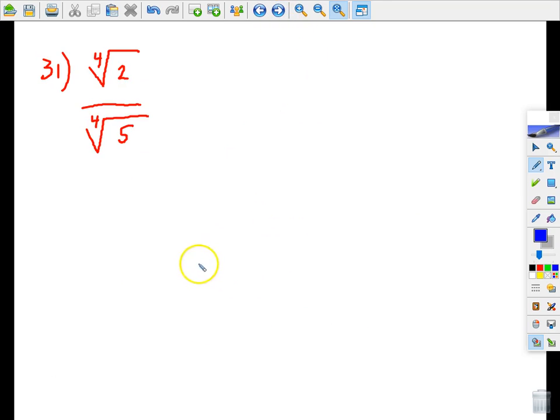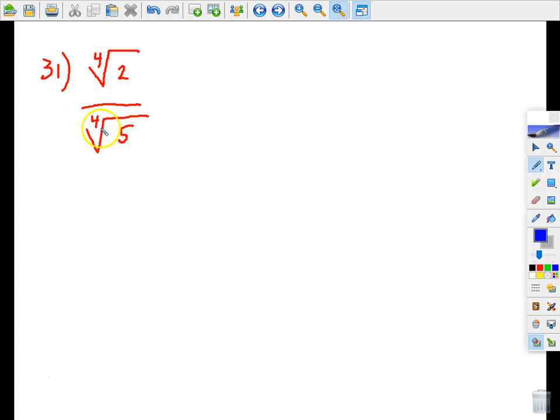All right, let's take a look at number 31. Now, your instructions here say to rationalize the denominator, and we looked at that in class today. We need to come up with a way using multiplication to remove the radical expression from the denominator.